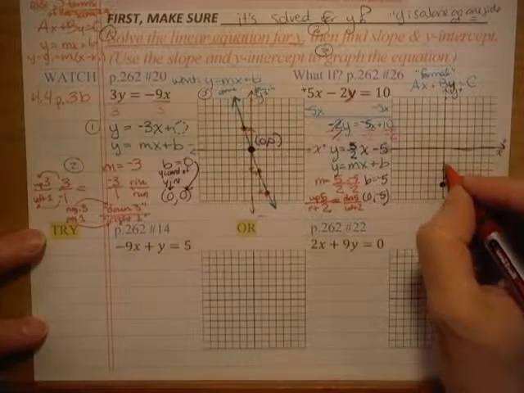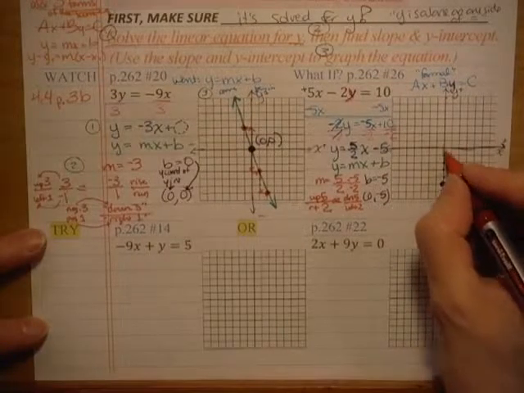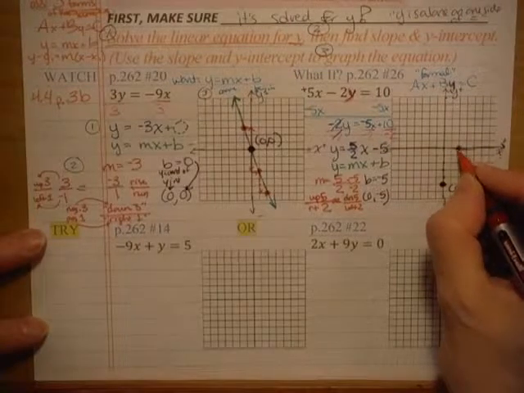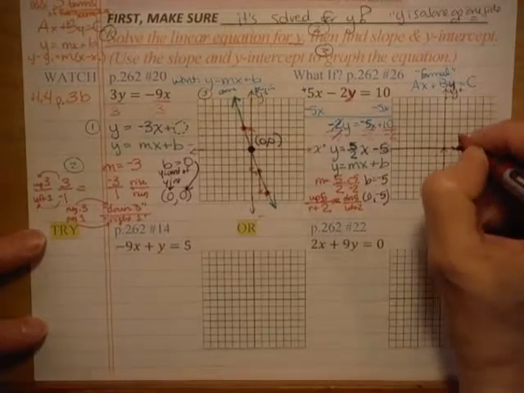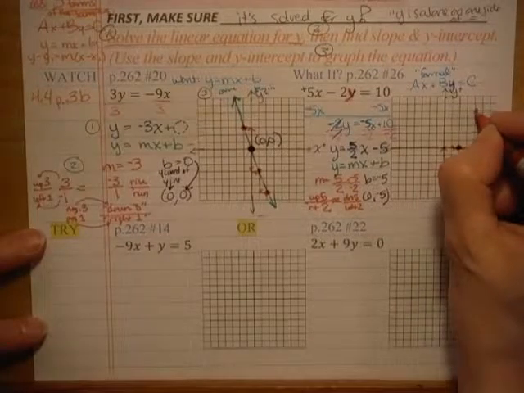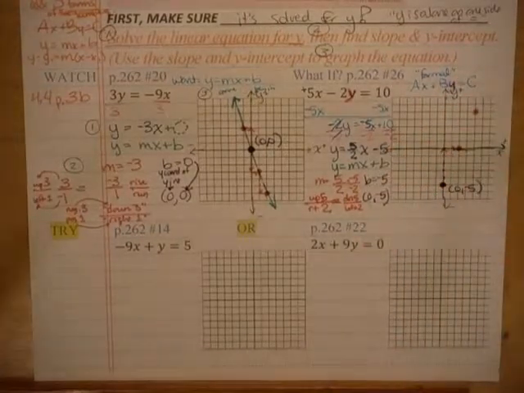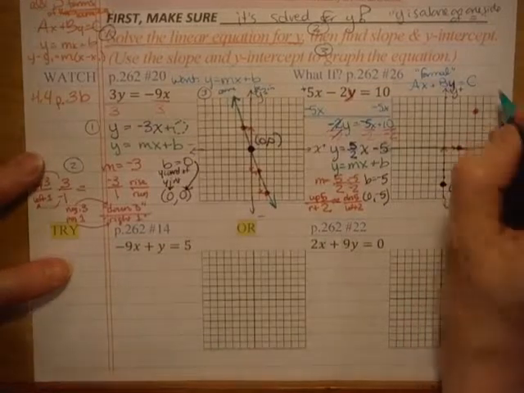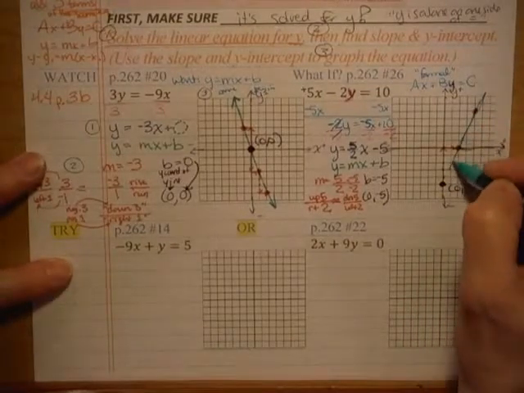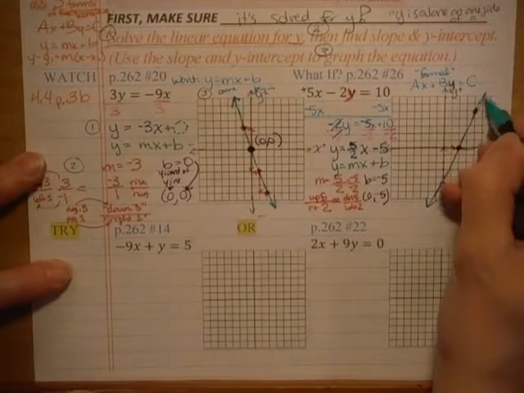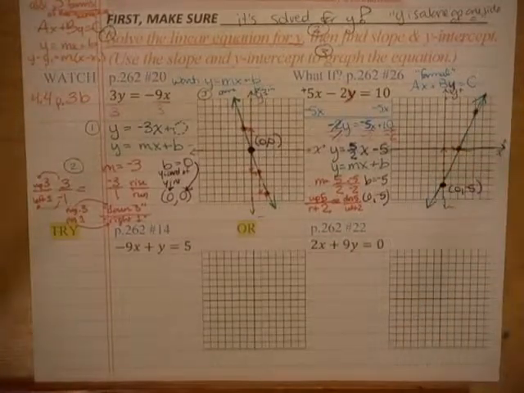The top positive takes me up, 1, 2, 3, 4, 5, and then the bottom positive 2 takes me to the right 2, so up 5 to the right 2. I think I'll go one more, 1, 2, 3, 4, 5, and to the right 2, just to be super confident with my line. Okay, and that's what your graph should look like.